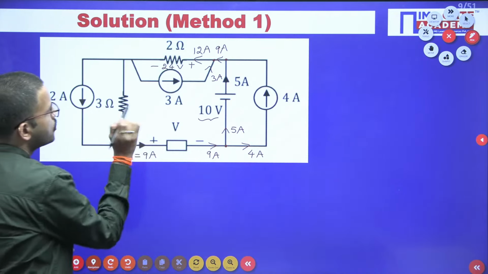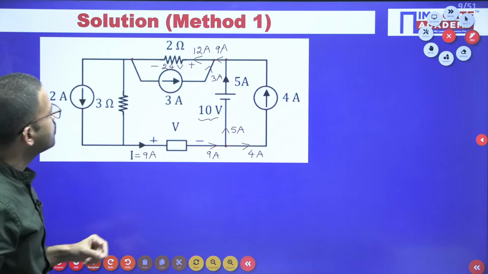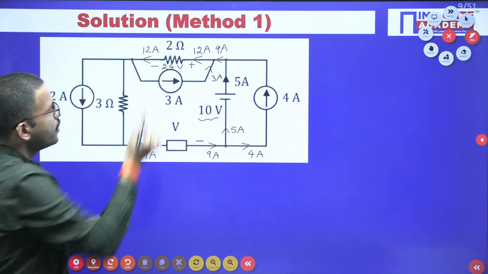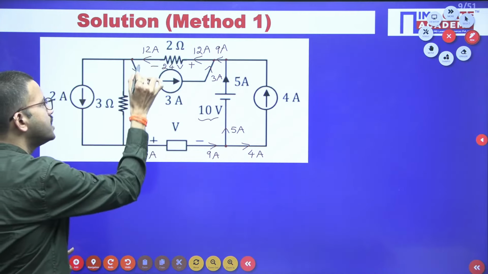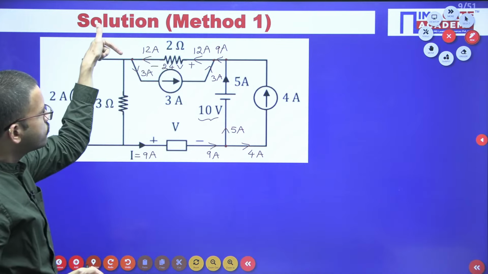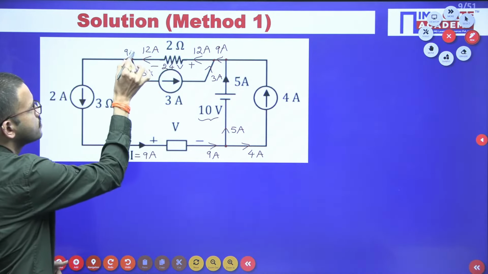Now just consider this node. Here 12 ampere is entering, and in this branch 3 ampere is leaving. 12 ampere is entering, out of which 3 ampere is leaving, so 9 ampere should leave.